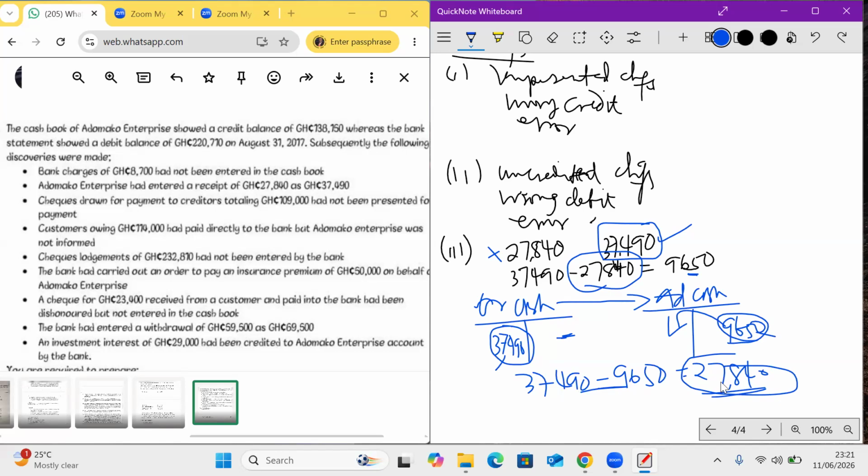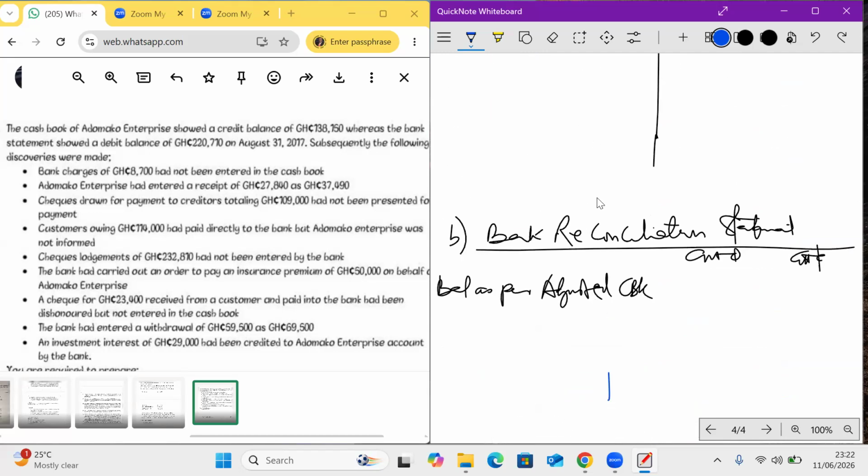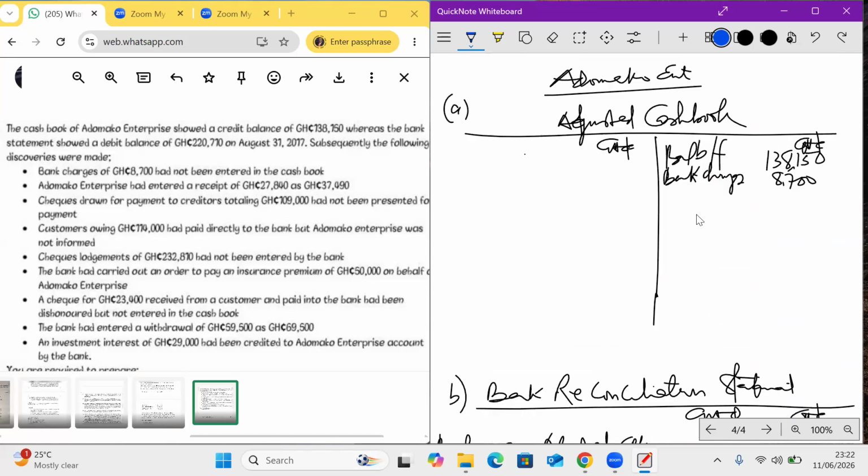Are you good? So when I go to the adjusted cash book, this is a mini one. When I go to the bigger, further adjusted cash book, on the credit side, I will say error of casting, or just error.